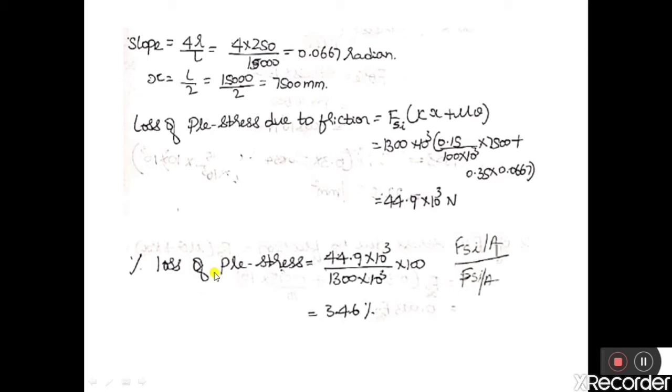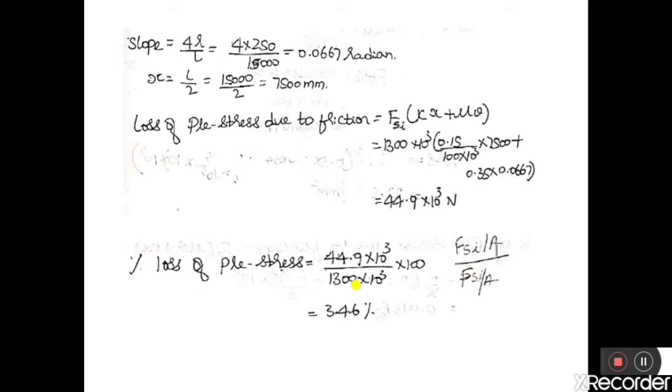Therefore percentage of loss of prestress is equal to total loss of prestress divided by initial prestress. We know that total loss of prestress due to friction is equal to 44.9 into 10 to the power of 3 divided by A, and the initial prestress is not given.